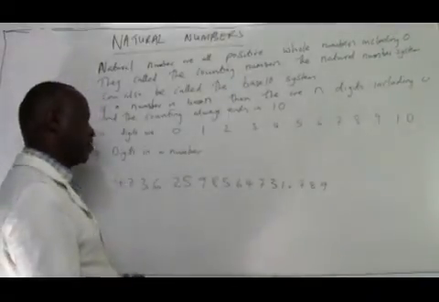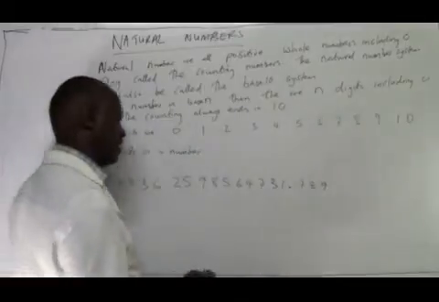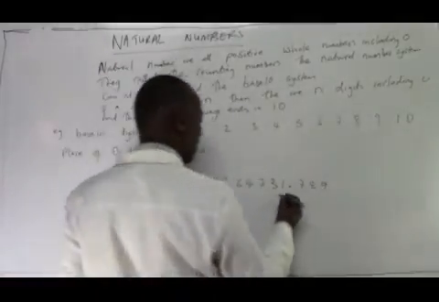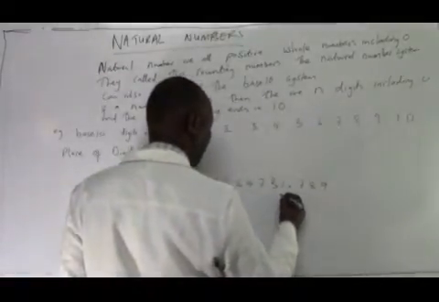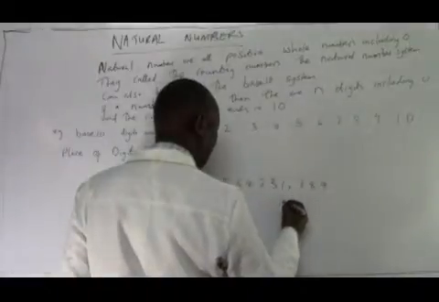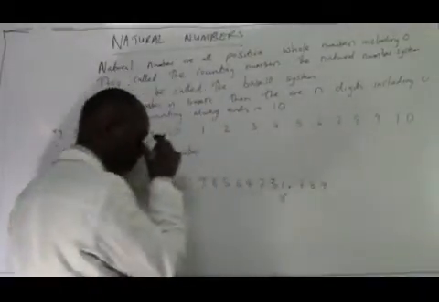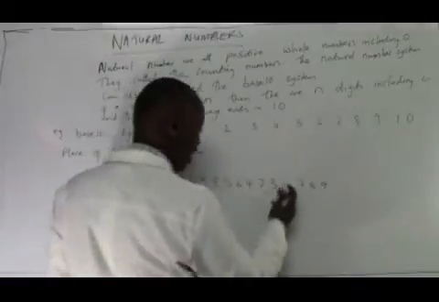The simple way to look at it is to say that since we are counting in tens, this place is 10 to the power of 0, the ones.